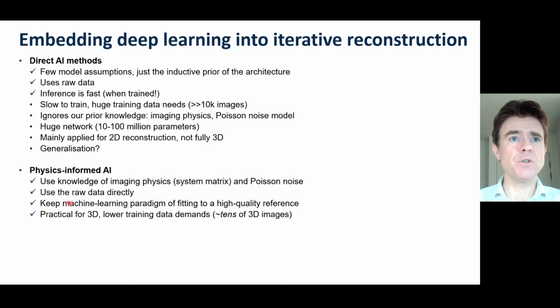Also, because we're making use of our physics models, there's a much lower demand for training and for the number of parameters in these networks. And so these methods become practical for 3D image reconstruction and have much lower training data demands. Typically 10, 20, 30, 40 plus images are needed as examples.